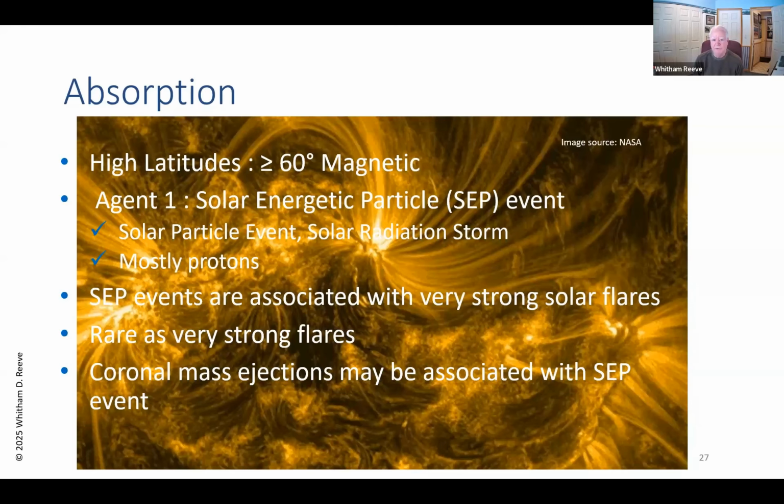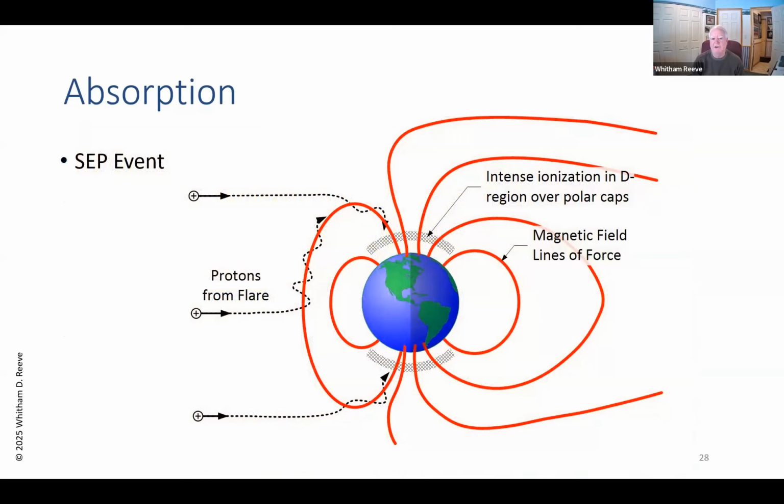And when those protons come and hit Earth, they are able to penetrate the magnetosphere, but they become trapped by the Earth's magnetic field lines, and they spiral around. And when they do that, they precipitate down into the higher latitude ionosphere, into the D region. They increase the electron density, and then the collision rate increases, and so does the absorption.